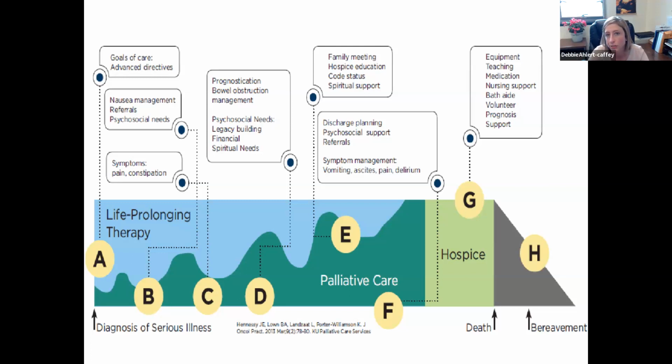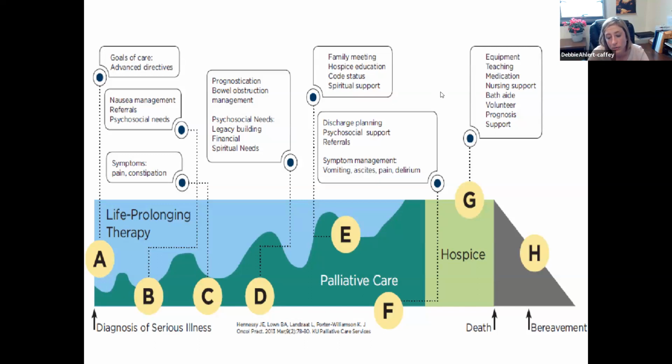When supportive measures are no longer working or no longer desired, and you want to focus just on quality of life, on comfort, not go back and forth to the hospital, that's where hospice takes over from palliative care. And we help with those discussions if and when you'd want to elect hospice care at that point. And we work towards that when you're ready.